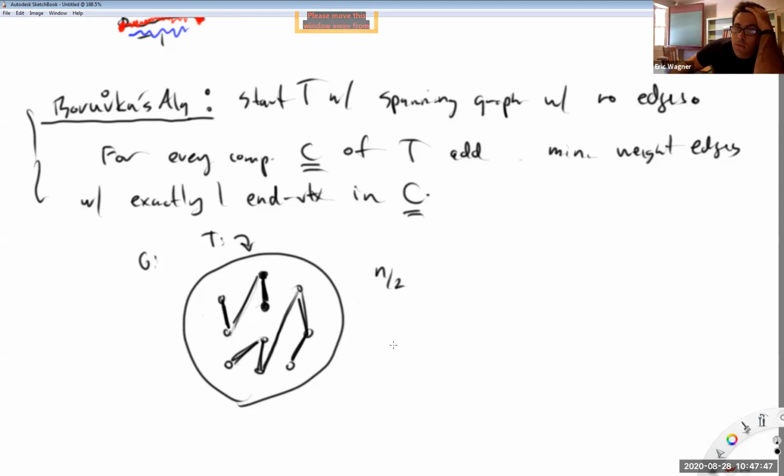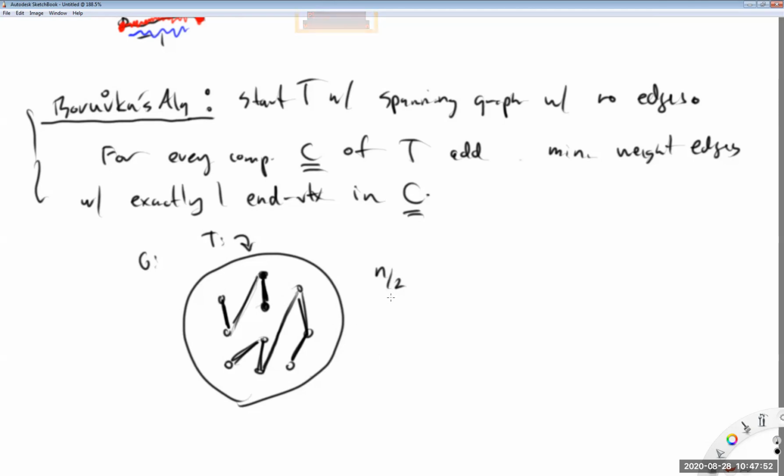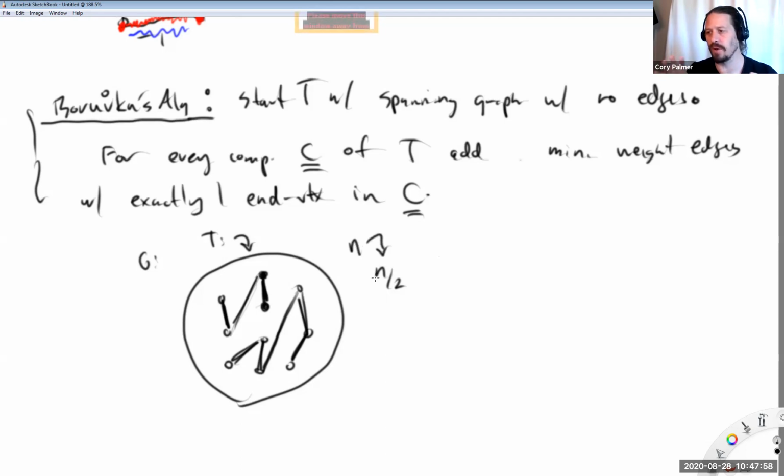Well, adding an edge combines two components, right? Yes, exactly. So I start off with n components, and each time I add an edge, if you don't run it in parallel and just add one edge at a time, when I added this first edge, it took this component and this component out of the running, and now among what's left, I have to look for a new edge.